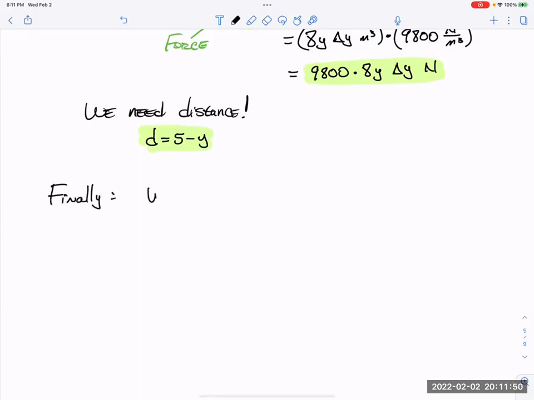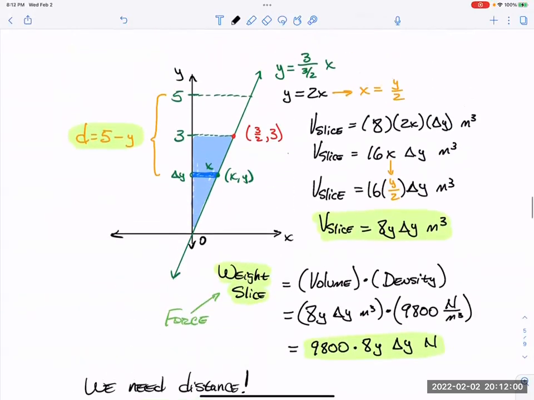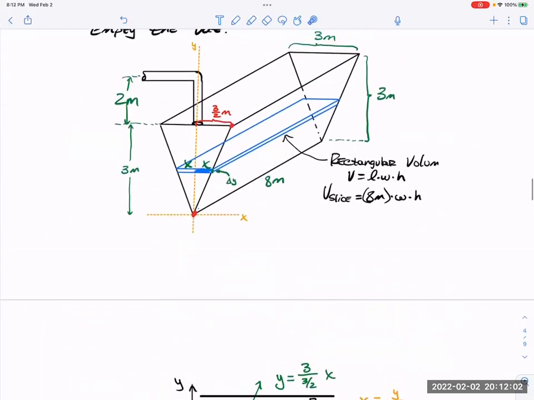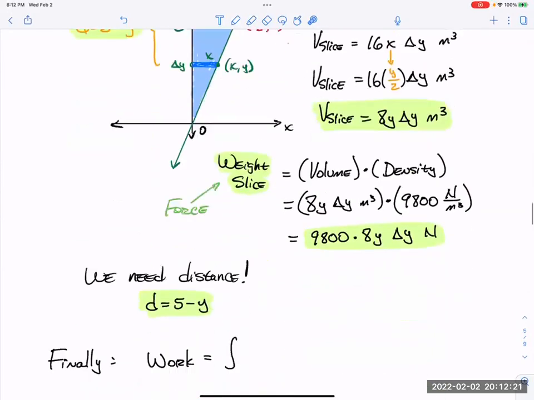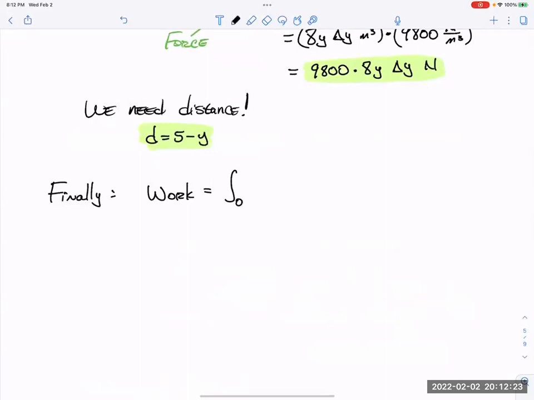And so finally, your work is equal to, okay, we're going to integrate. Now, here's the thing to pay attention to. Your fluid only exists on this y-axis in the tank. And the tank only exists from y equals 0 all the way up to 3. So you're going to sum up these partitions, your slices, from y equals 0 all the way up to 3. That's the fluid level. So we integrate from 0 to 3.